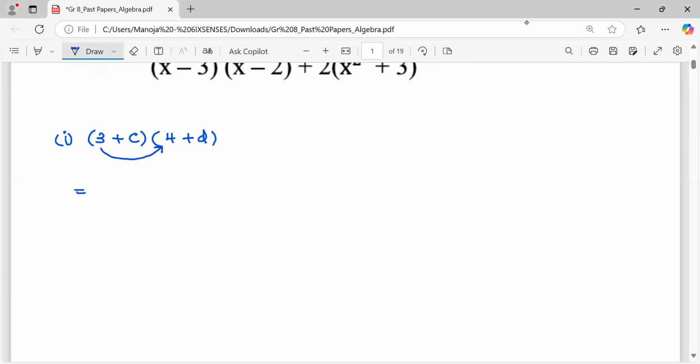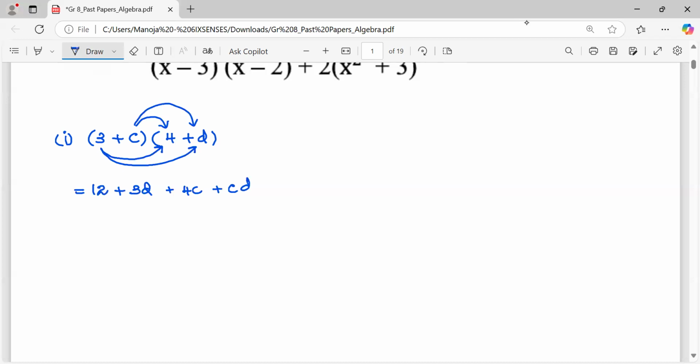To clarify, 3 times 4 is 12. The next one is 3 times D, it is 3D. The next step, C times 4, it is 4C. And then C times D, it is CD.